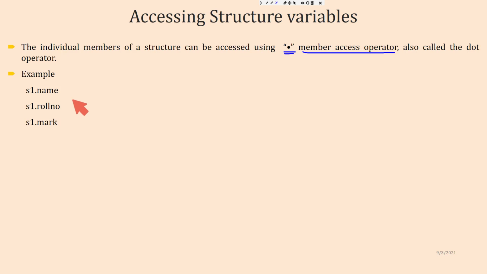If I want to read the roll number or store something to it, I will use S1.roll number. So it is the structure variable followed by a dot followed by the member name. Here name, roll number and mark are all members. Anyway, these things will be clear when we see the example.